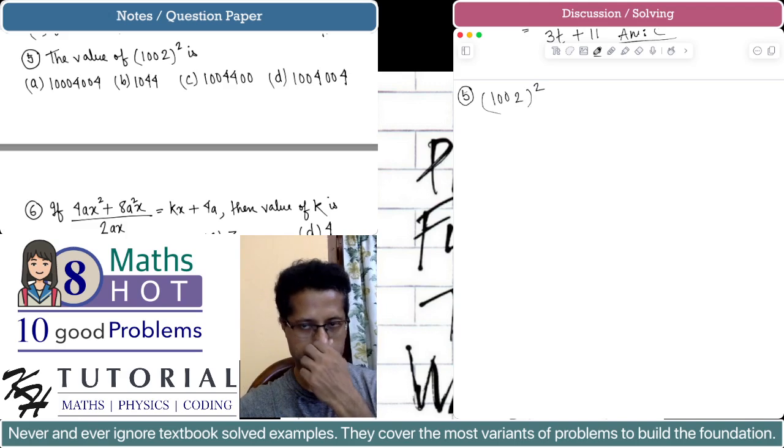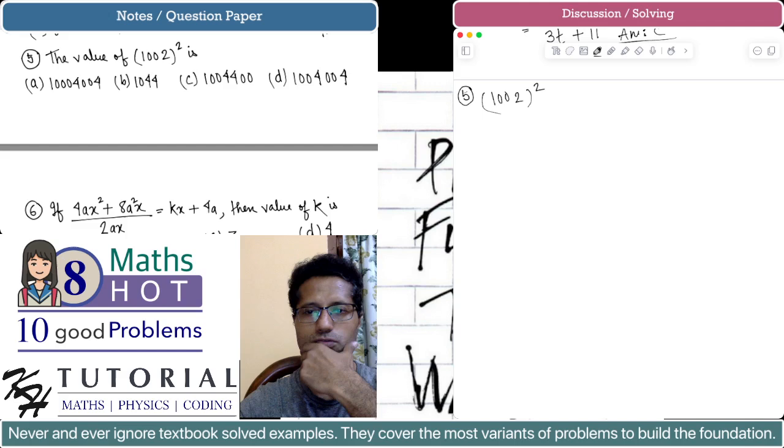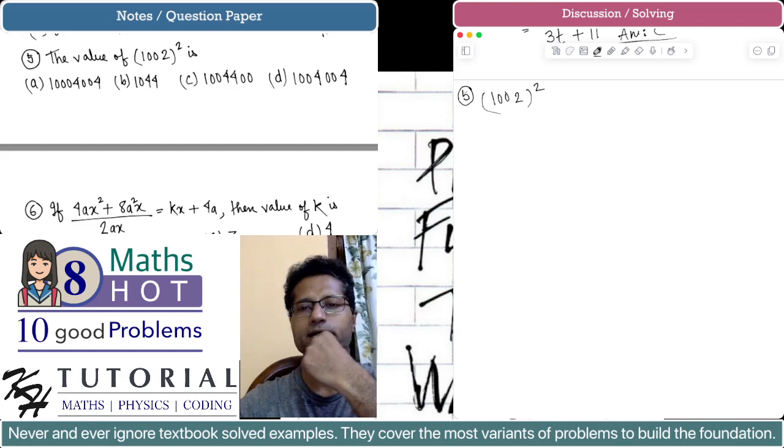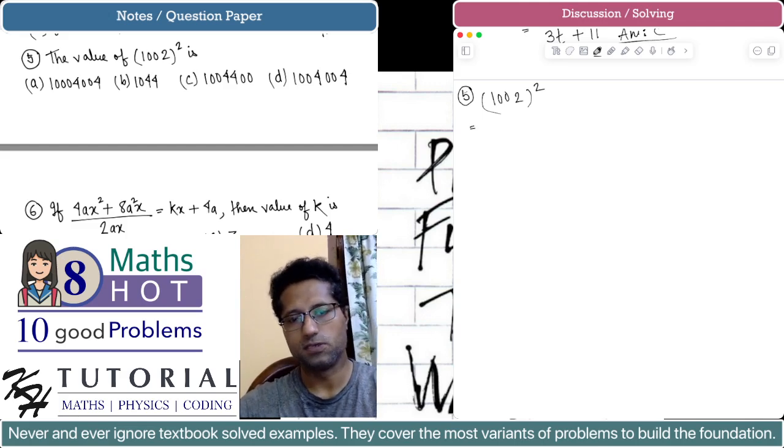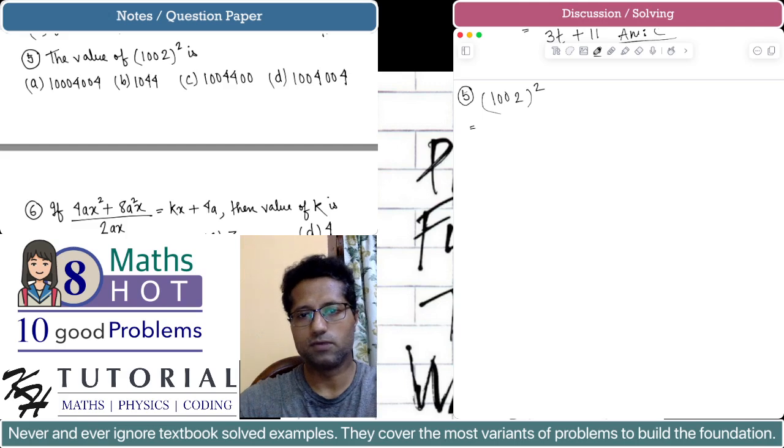Now definitely we have to do this using some identity of factorization. So this is 1002. So 1002 can be written as 1000 plus 2.